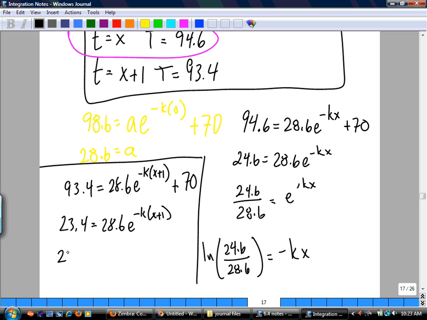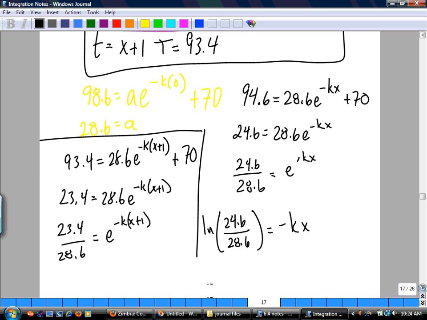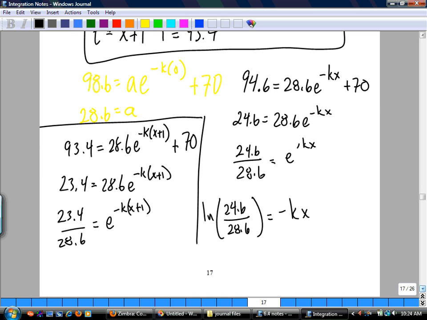Divide. Sure, that's probably not a bad idea. Give me 2 minutes and they can do that.